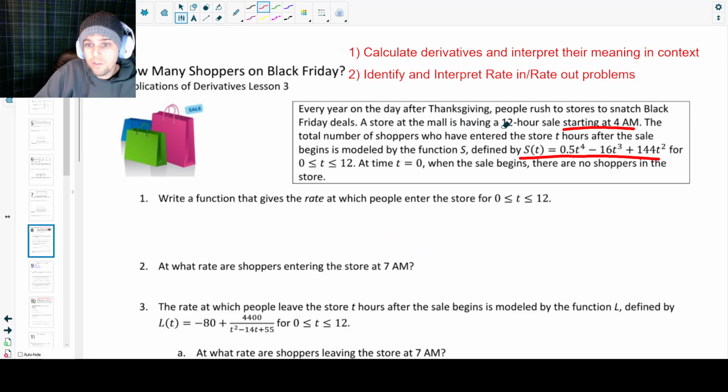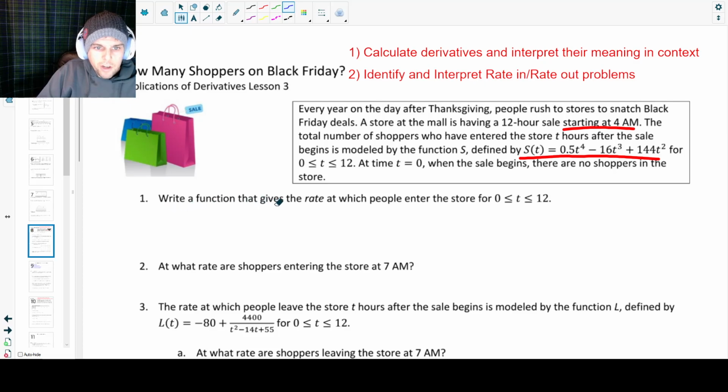A store at the mall is having a 12-hour sale starting at 4 a.m. The total number of shoppers who have entered the store t hours after the sale begins is modeled by the function S, defined right here, for 0 less than or equal to t less than or equal to 12, so only between 0 and 12 hours. At time 0, when the sale begins, there are no shoppers in the store. So t equals 0 in this case corresponds with the starting of our sale, 4 a.m. It's an interesting thing to note.